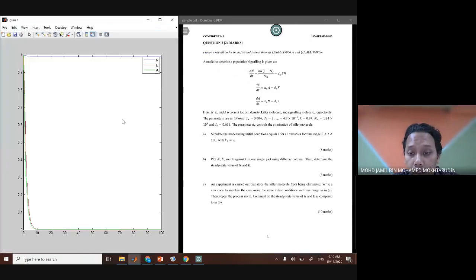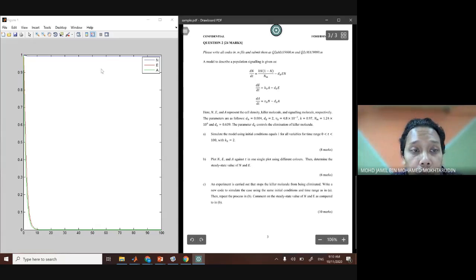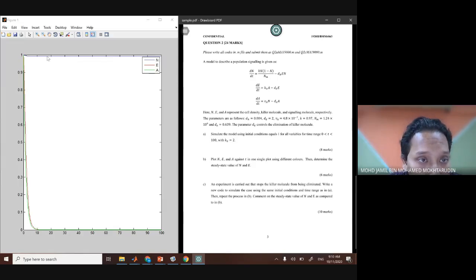Okay, so in question B, it asks to determine the steady state value of N and E. So steady state value maksudnya value yang dia dah steady, okay, yang dah straight line. So N value dia roughly 0.99.